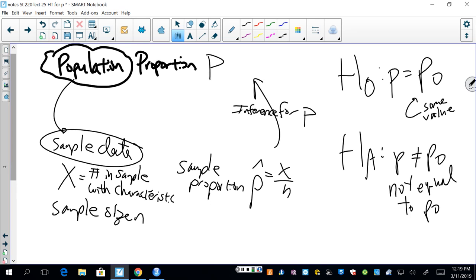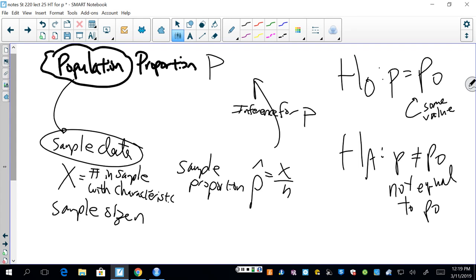But the idea is if p hat is close to p sub 0, we're not going to throw it away. It's not going to be exactly p0 in a random sample, but it might not be too far away. If it's far enough away, we'll go with the alternative as more and more reasonable.